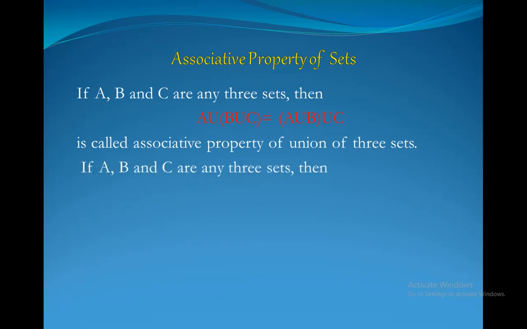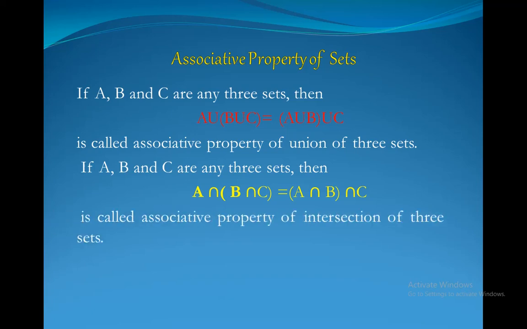Likewise, for intersection of three sets, for any three sets A, B and C, we have A intersection (B intersection C) is equal to (A intersection B) intersection C, which is called the associative property of intersection of three sets.